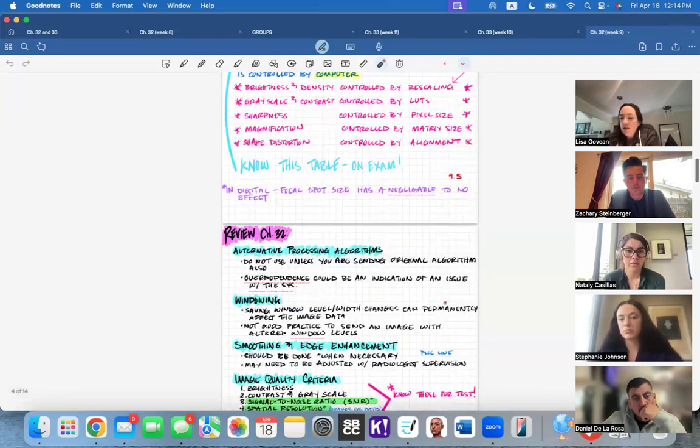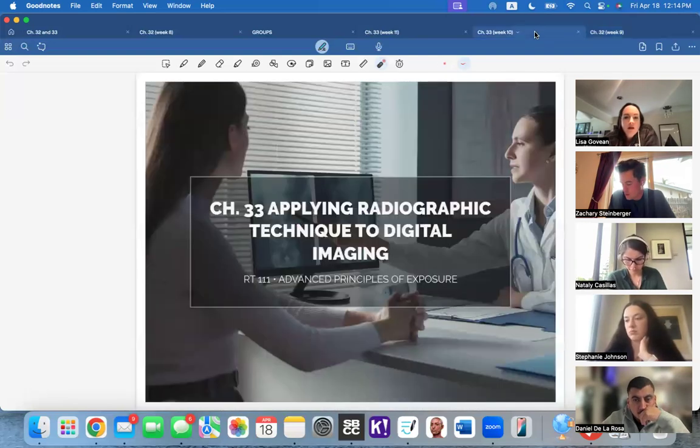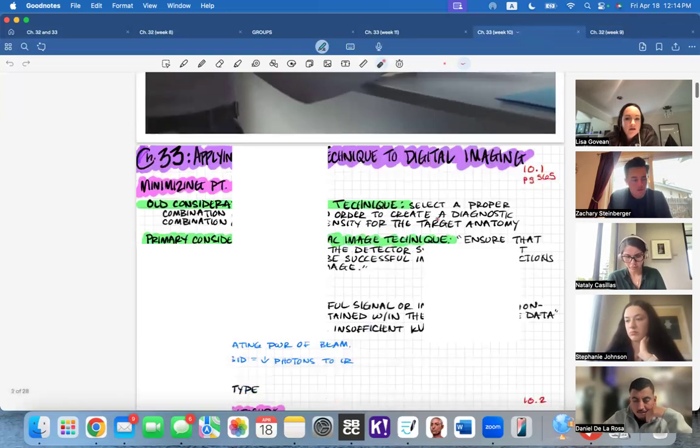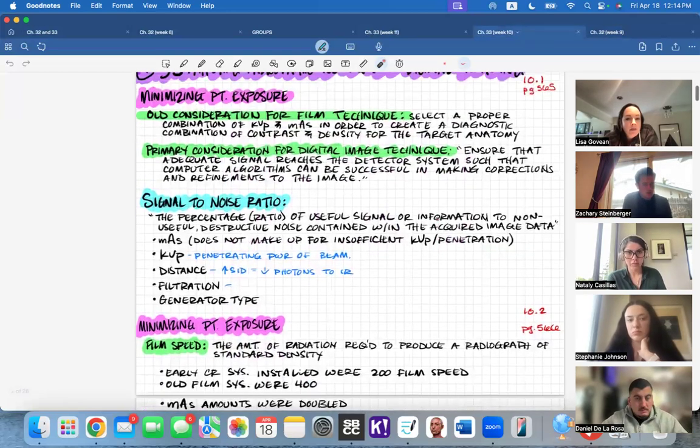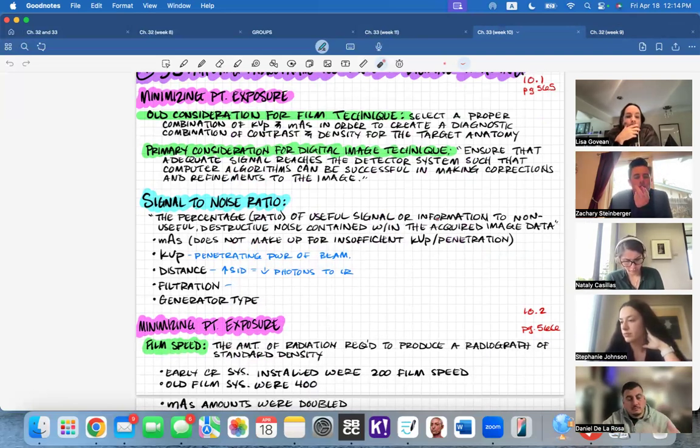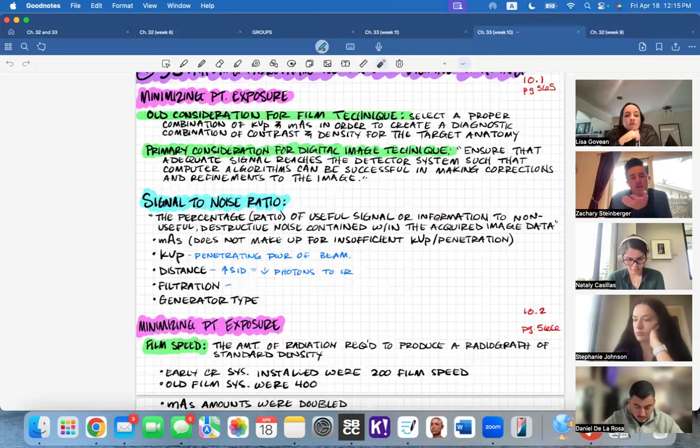Oh, we need Zach's question too. The signal to noise ratio. Start talking about it. I will catch up in the notes. I think it's on the next one. So what was your question about that? Well, it gives all the mAs, kVp, distance, filtration, generator type. So are those the things that affect signal to noise ratio?